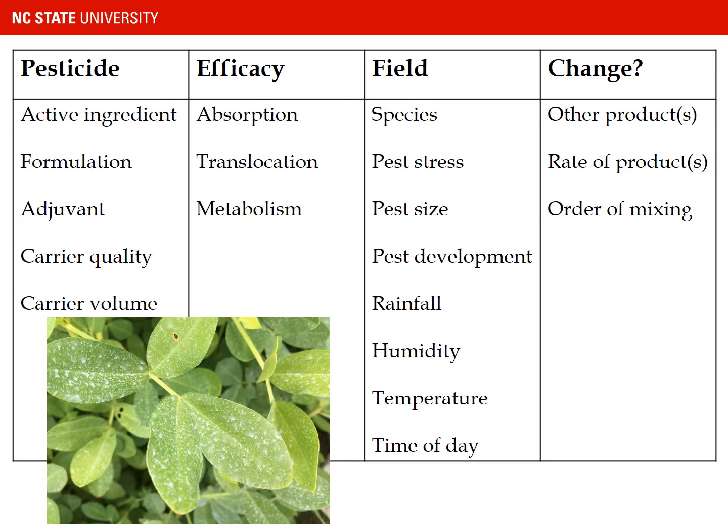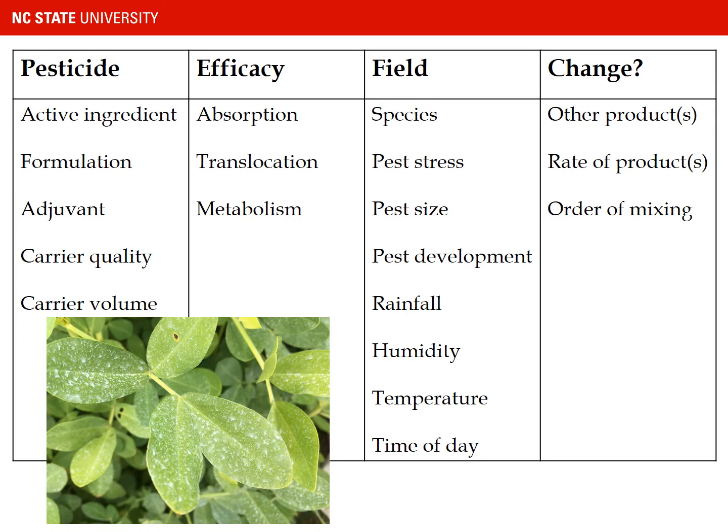You can have some variation based on the species in the field, the stress of the pest, size, pest development, rainfall, humidity, temperature, time of day, and all these are elements that could cause you to have a major interaction or no interaction or a subtle interaction.